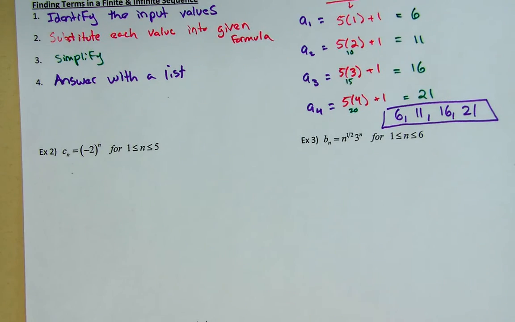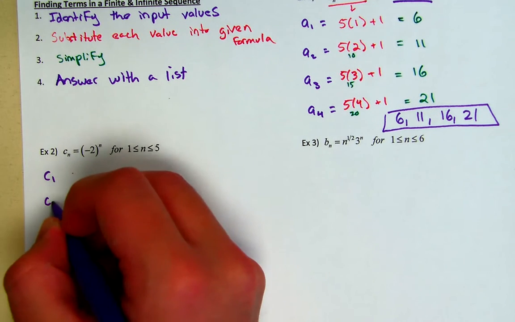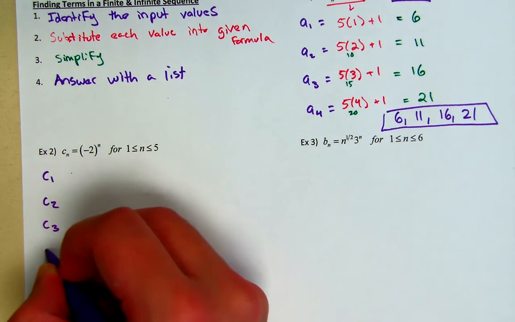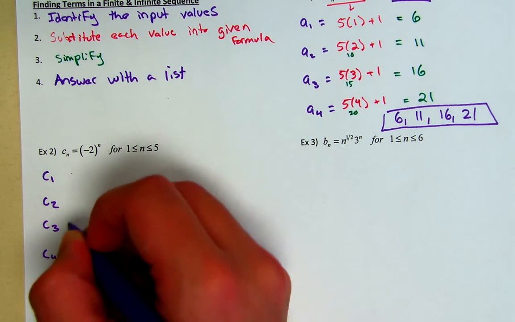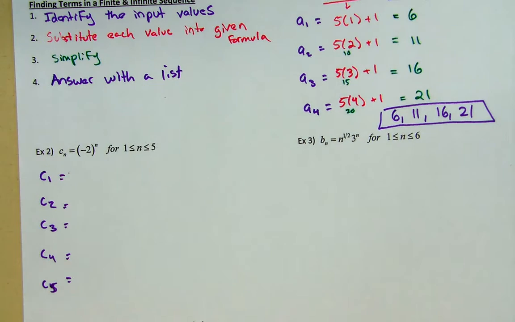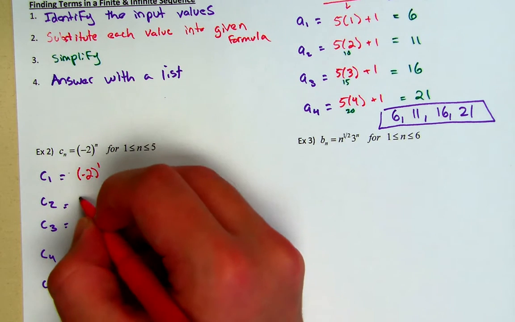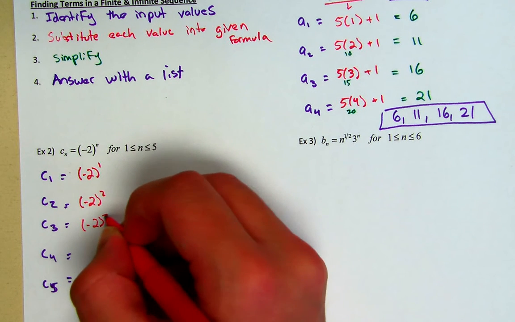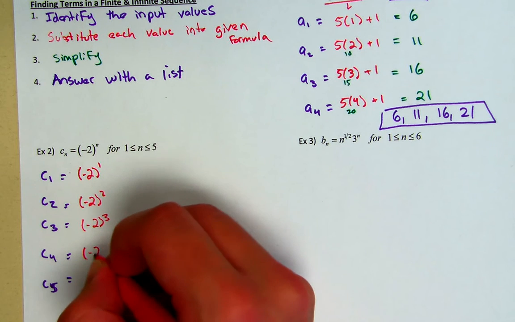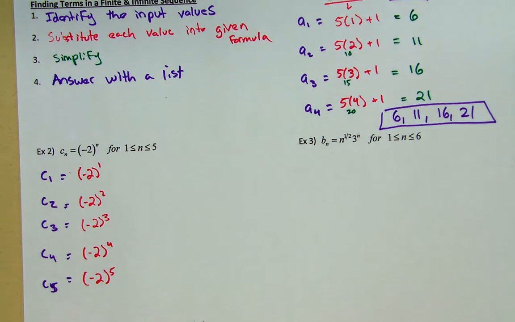1. Identify input values. So C1 all the way to 5. C2, C3, C4, and C5. Substitute in -2 to the first power, -2 squared, -2 cubed, -2 to the fourth, -2 to the fifth.